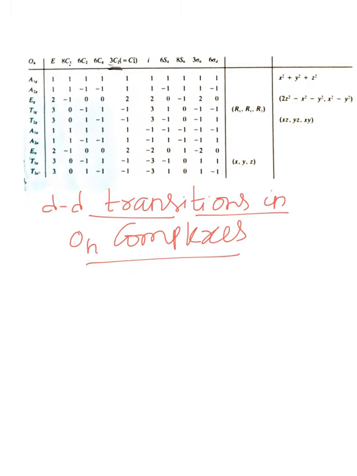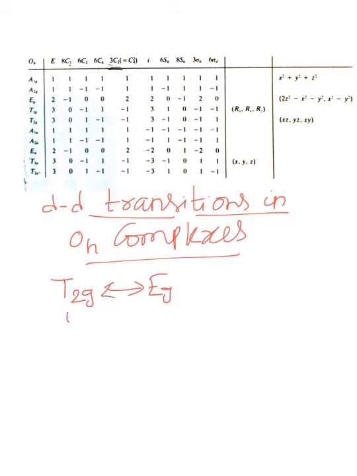Now let us see whether d-d transitions are allowed or forbidden based on the triple product that we have just discussed. We know that d-d transitions occur from T2g to Eg or vice versa.